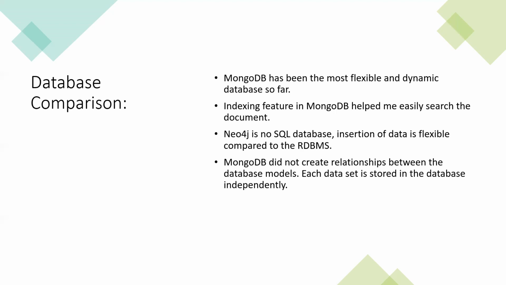MongoDB didn't support joins, but MySQL certainly supported join operations. These are a few more comparisons between MongoDB and MySQL or SQLite 3, because SQLite 3 used the regular structured query language, that is SQL, whereas MongoDB used JavaScript as the primary query language.